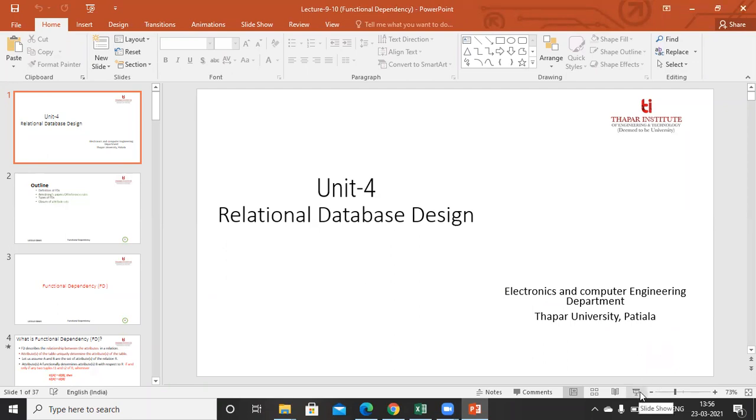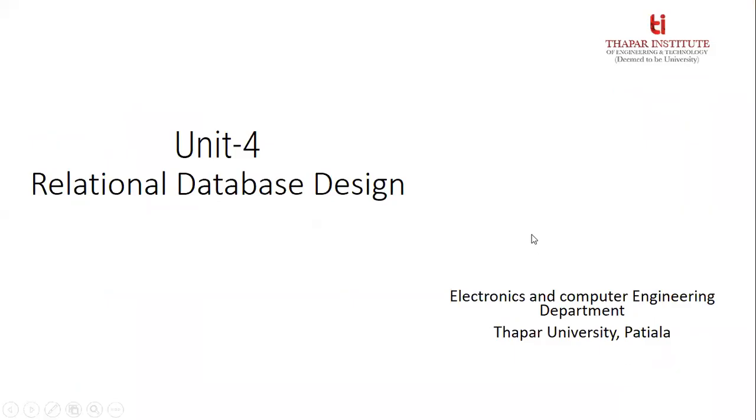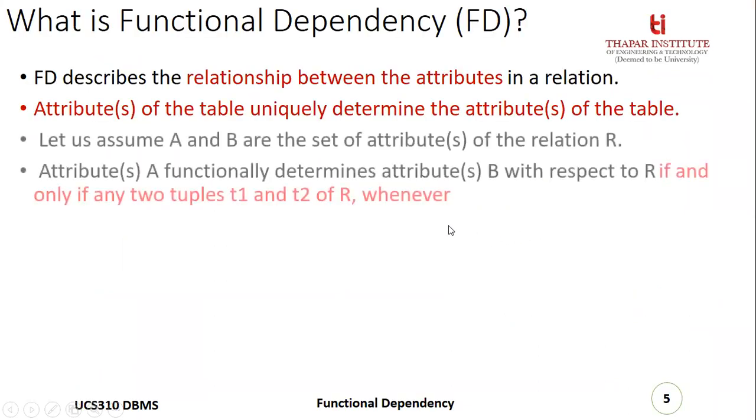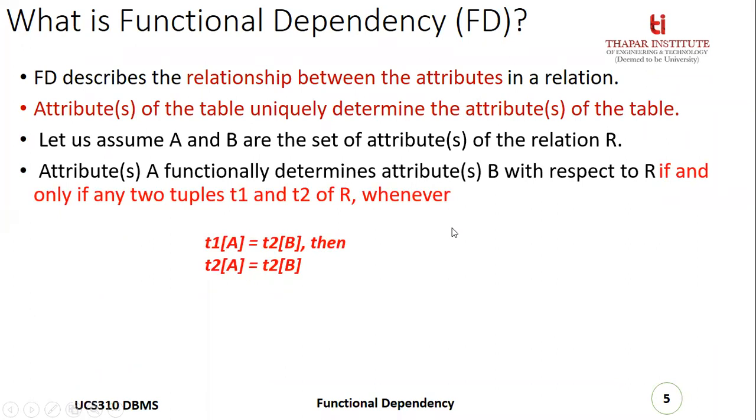This is just a brief of what we discussed in the last class. Functional dependency basically describes the relationship between the attributes, and we discussed the definition of functional dependency using this mathematical notation.